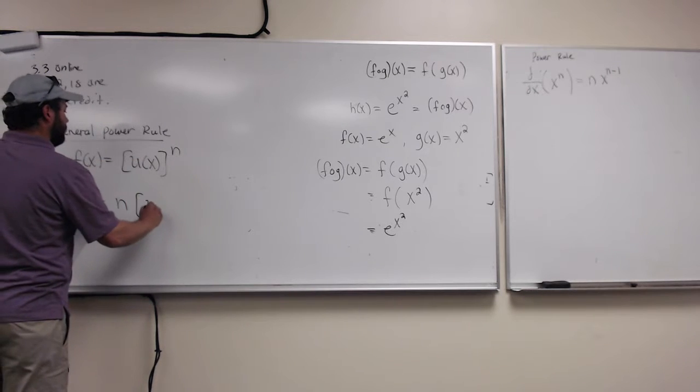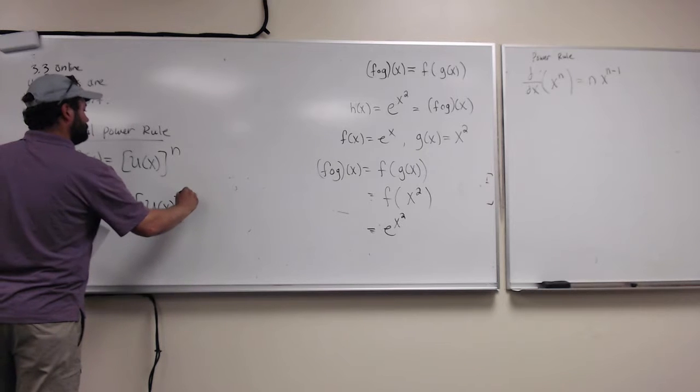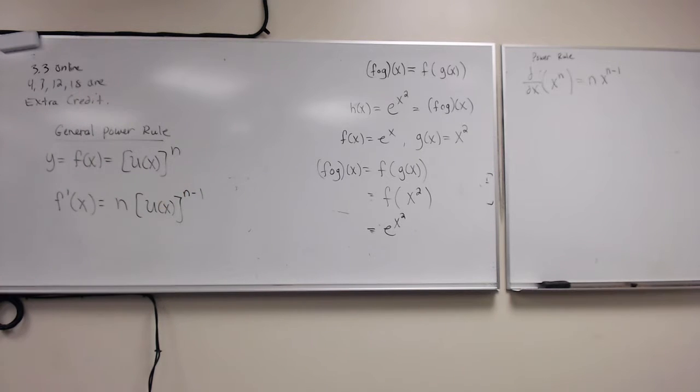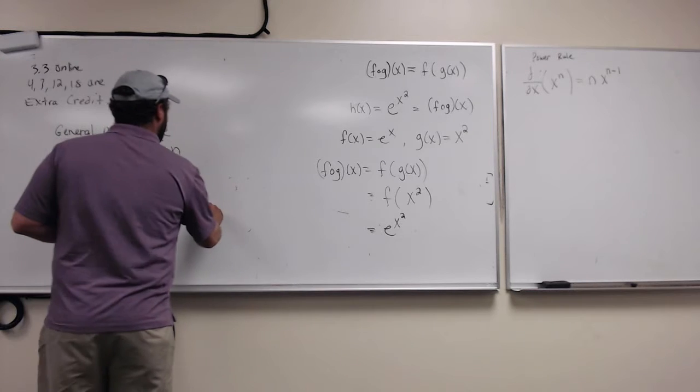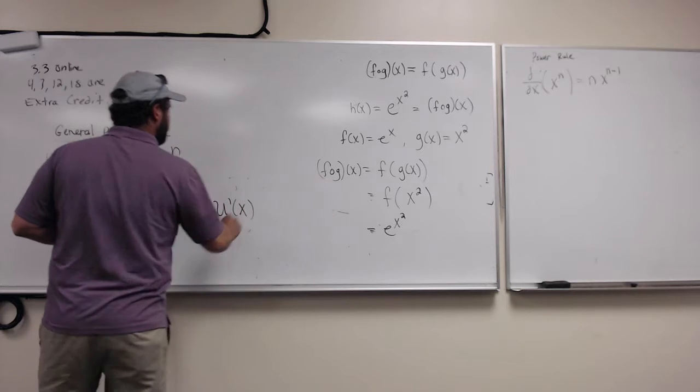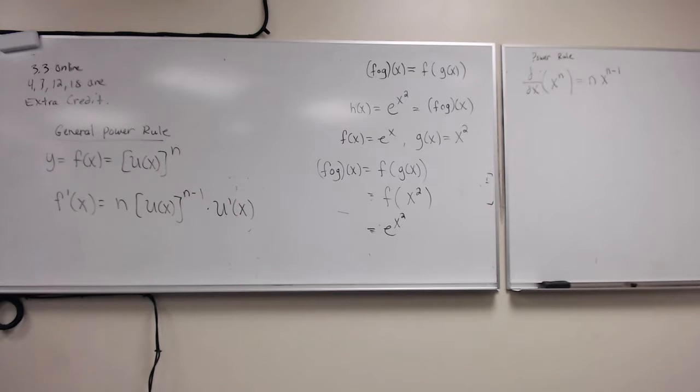So the n can still come out front. And then you still reduce the power by 1. But then you have to remember to multiply by the derivative of that function being raised to a power. I'll probably do an example before we look at the general chain rule. Okay.